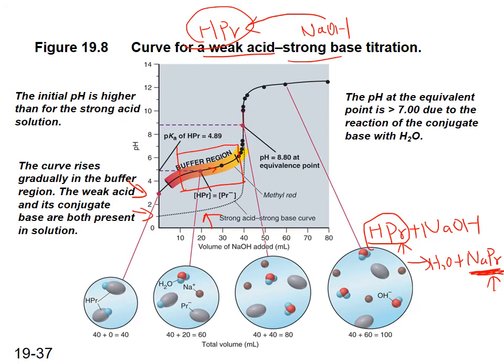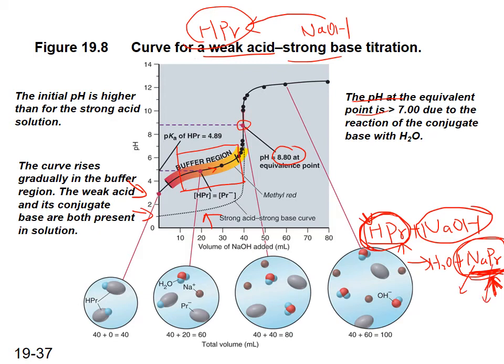And the third feature is that the pH value at the equivalence point is not 7. In fact, here it is 8.8, close to 9. This is because at the equivalence point, we have equal amounts of acid and base, so you get 100% sodium propanoate. However, sodium propanoate is a salt that is not neutral, because this salt has sodium, which comes from a strong base, and propanoate, which comes from a weak acid.